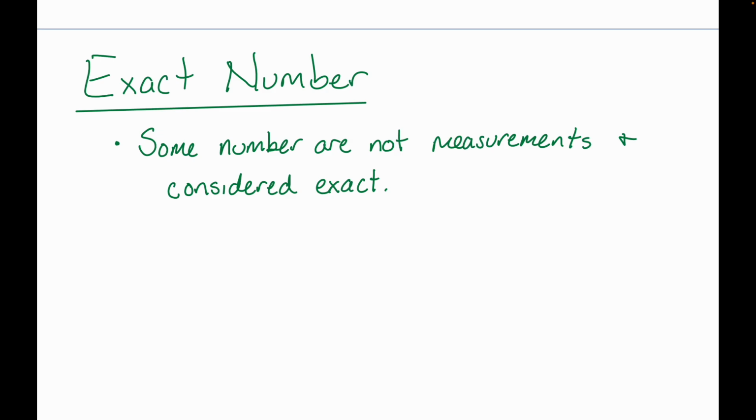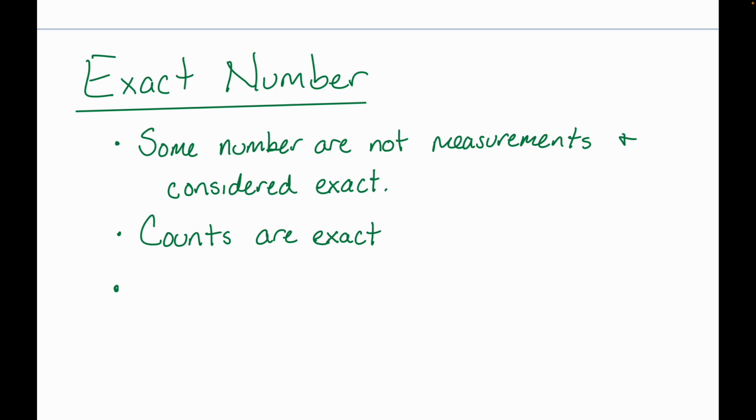And we can spot exact numbers because they always fall into these two categories. One is their count, just like the example that I just gave here, right? So counts are always exact. And the other way that we're going to see it, quite often actually, is with regard to our unit conversions and numbers that are defined to be exact.